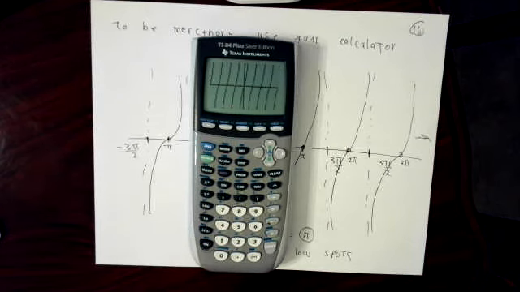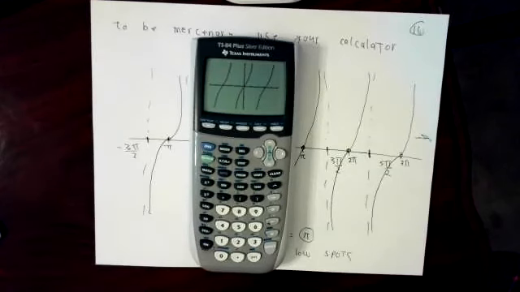It's a little bit hard to see what's going on because of the scaling, so I'm going to reduce the x range. Ordinarily, on the standard viewing window, the x range goes from negative 10 to positive 10. I'm going to change that to negative 5 to positive 5. We can see that the tangent function, like sine and cosine, repeats itself, but it does some other stuff too.